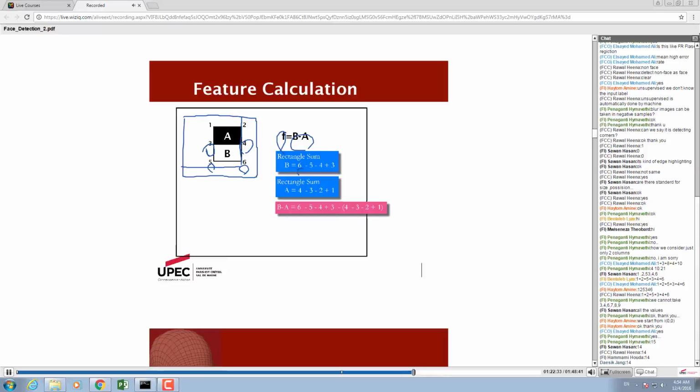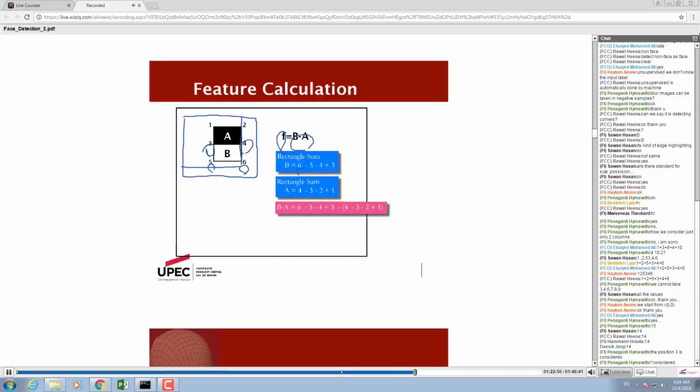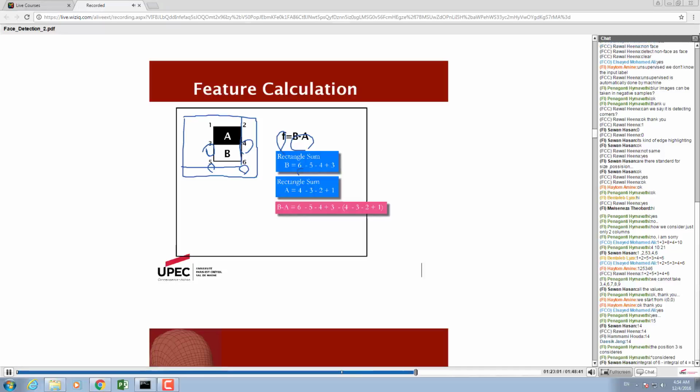6 means all the sum up to 6 in terms of row and column. By the way, B is included inside the 6 integral region, but 6 also includes unnecessary region, so we have to subtract it.